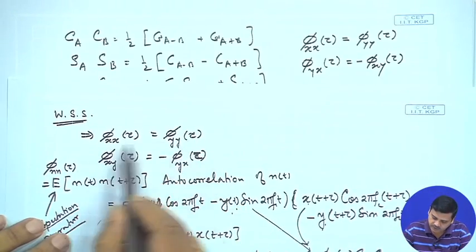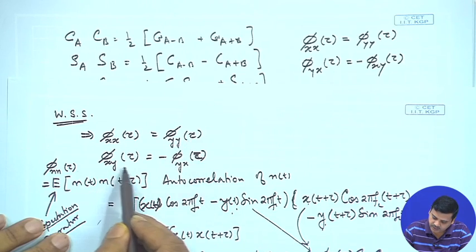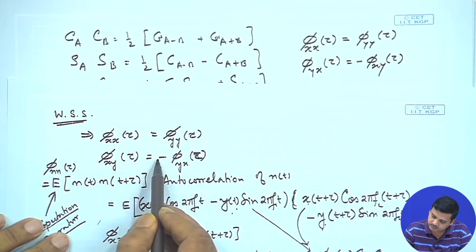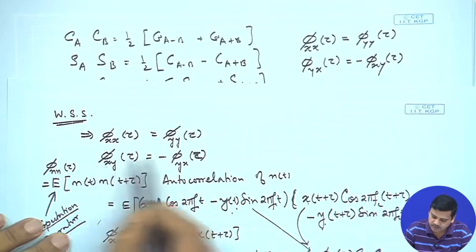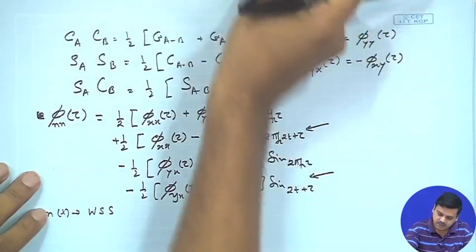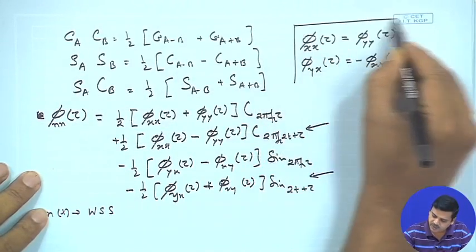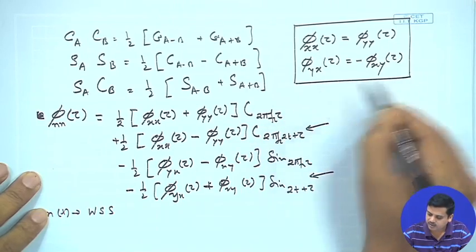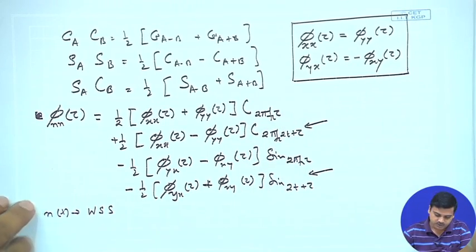So phi xx of tau equals phi yy of tau, and phi yx of tau is equal to minus phi xy of tau. So the minus sign goes on either side. This is a very important result for a wide-sense stationary narrow bandpass process.